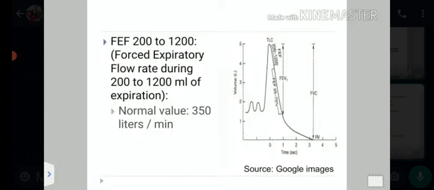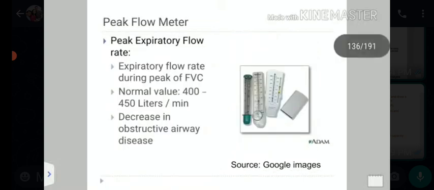It refers to the mean expiratory flow rate between the 200 to 1200 ml segment of FVC, and the normal value is 350 to 400 liters per minute. But the disadvantage of measuring FEF 200 to 1200 is that in the initial phase of FVC, the fall is very rapid and the pressure difference is too much. So we may miss small airway obstruction.